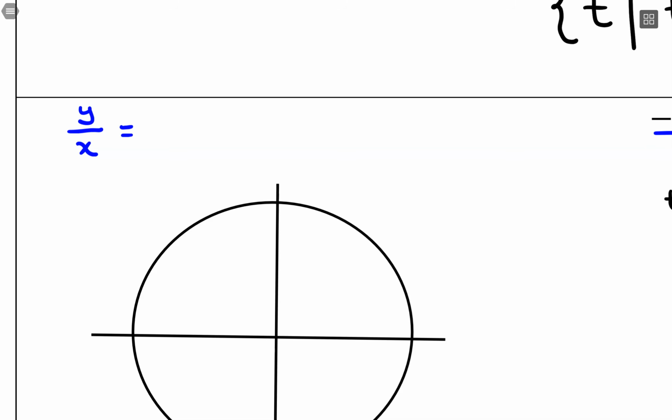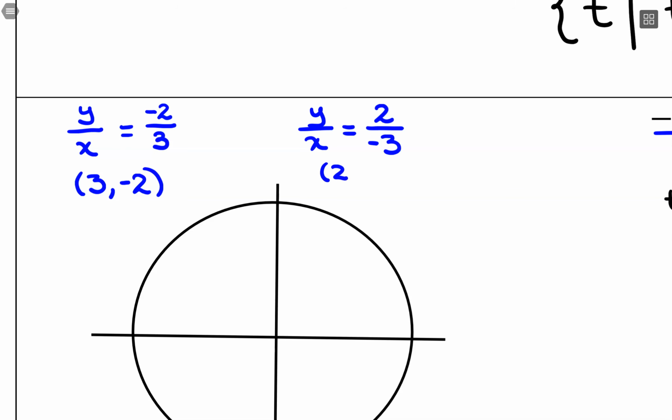So with that negative 2/3, that negative could be in the numerator. So that would be a negative 2/3, which would mean that's giving me the coordinate +3, -2. But that negative also could have been in the denominator, meaning numerator of +2, denominator of -3, which would have given us the coordinate 2, -3.